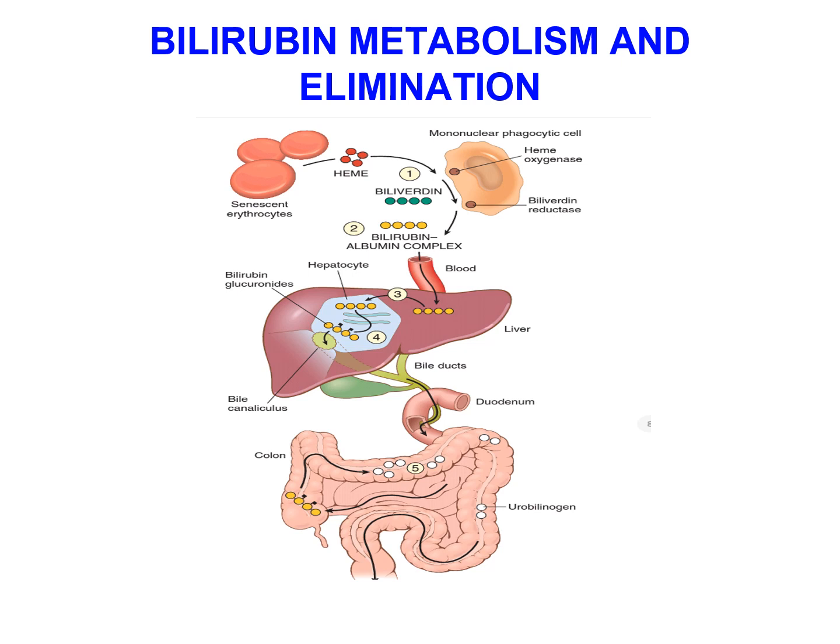And then extrahepatic bilirubin is bound to serum albumin and delivered to the liver, followed by hepatocellular uptake, and glucuronidation in the endoplasmic reticulum generates bilirubin monoglucuronides and diglucuronides, which are water-soluble and readily excreted into the bile.